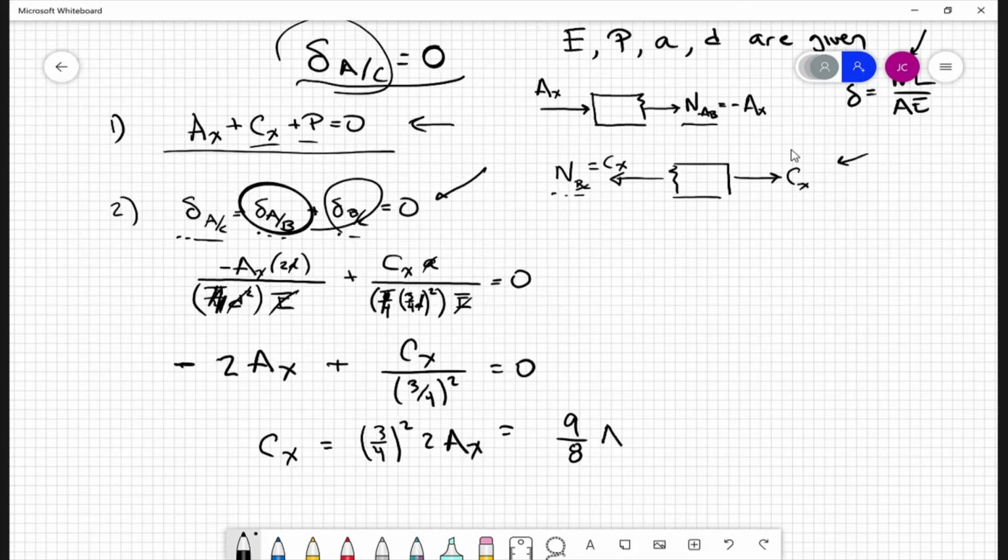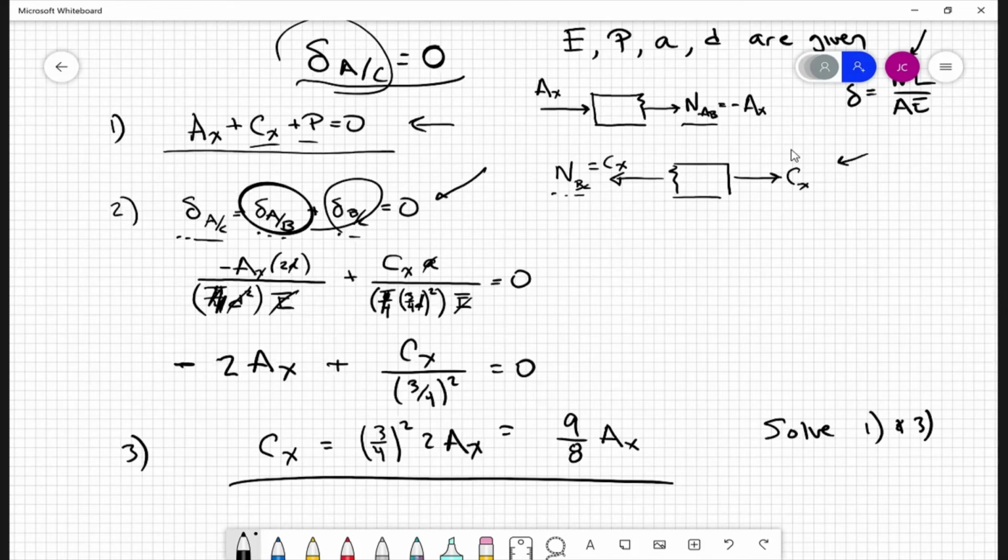Did I get that right? 9 over 8. Yeah. All right. So now, here's our second equation, or I'll call it equation 3, but now we can solve 1 and 3 for AX and CY, okay?